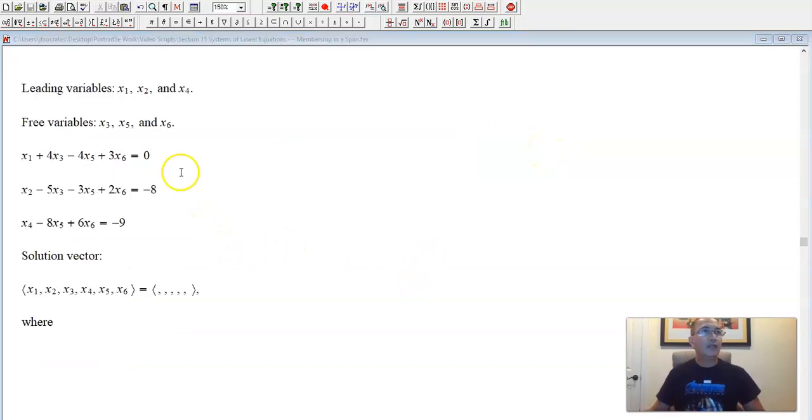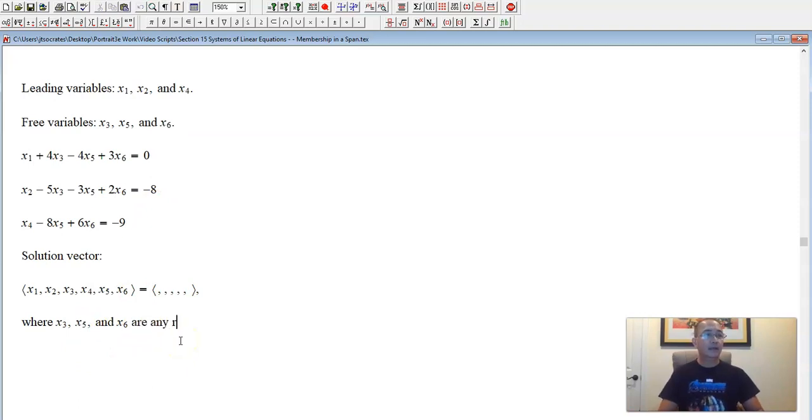Okay, so from these 3 equations, we are now ready to form our solution vector. So I've gone ahead and labeled it. We have x1 through x6, and we're going to fill in the actual solution vector. So the first thing is to remember who are the free variables, x3 and x5 and x6. So let's copy that at the bottom, where x3, x5, and x6 are any real numbers. They are our free variables.